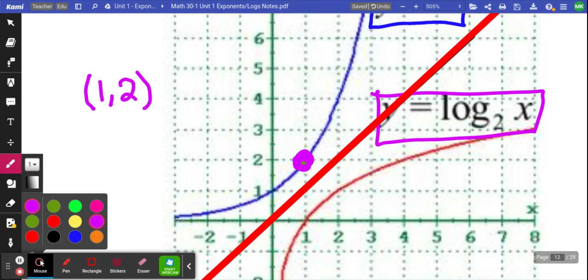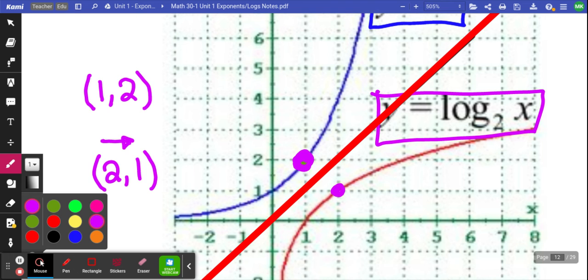You could find that point on the log function by switching x and y. So this would convert to be (2, 1). And if you look, there's the same point. Because they're reflections, right? That works for any point that you want.